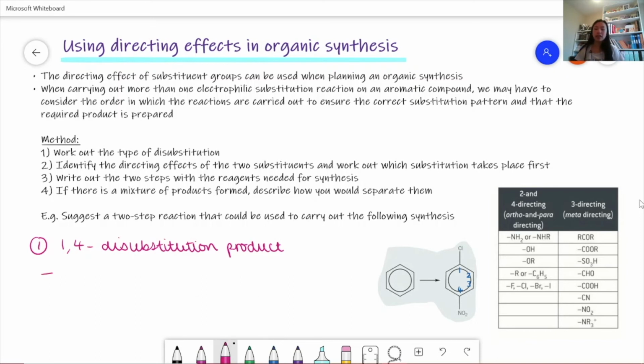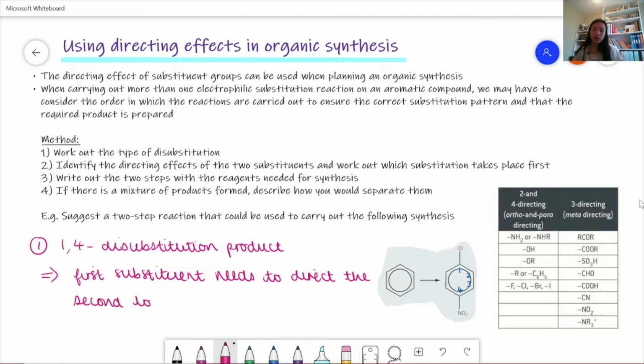And so what this tells us is that after the first substitution, that substituent, which is on the benzene, will need to direct the second substituent to the 4th carbon. And so that's all we do for step 1.